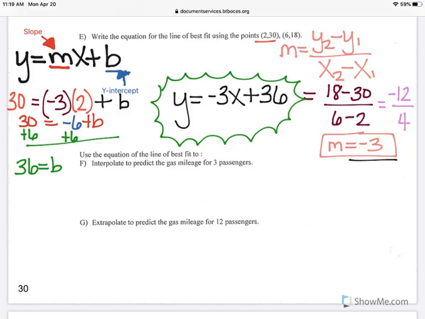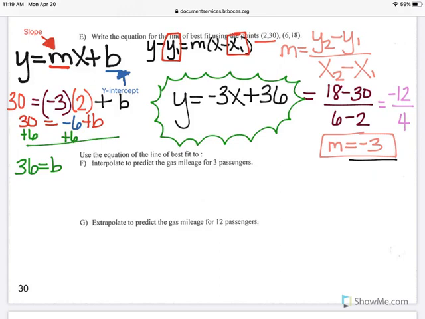Now, just in case you don't like doing it this way, there is another formula that I will just write down for you, because I know some kids liked this formula when we did it before. It's called the point slope formula. It's y minus y1 equals m times x minus x1. And when you use this formula, you replace the y1 with either y value of the point that you're given.